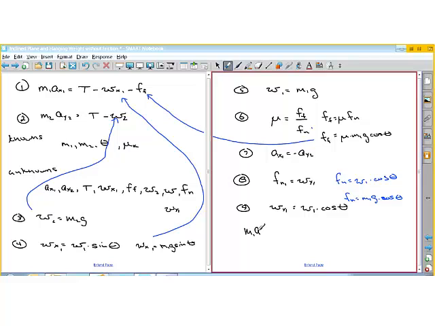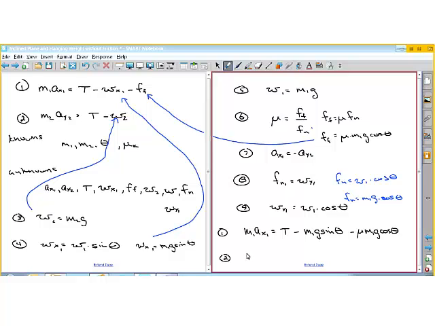So I'm going to have M1 a sub x1 is equal to T minus W sub x1, but that is M1 G sine of theta, minus the friction force, which is equal to mu M1 G cosine of theta. So that's equation 1 rewritten.